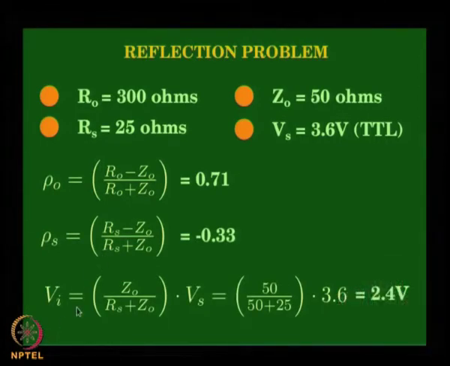Then Vi is nothing but Z naught divided by R s plus Z naught, the attenuation ratio, into V s, which is nothing but 2.4 volts. And in the final analysis at the output V naught, we would get 300 divided by R s plus 300, R naught divided by R s plus R naught, that would be the ratio that we would ultimately get at the output side.